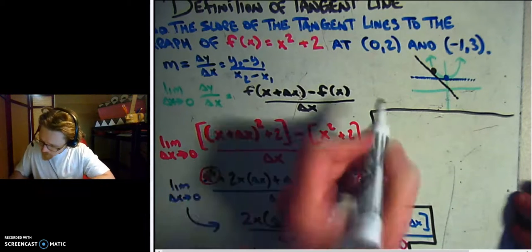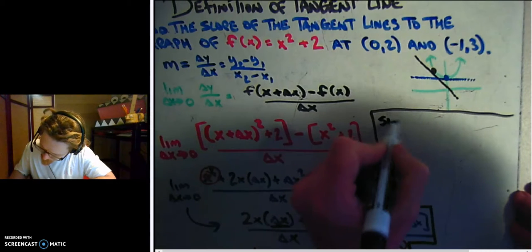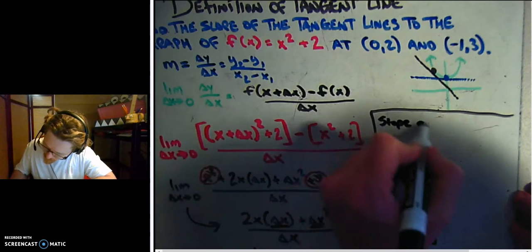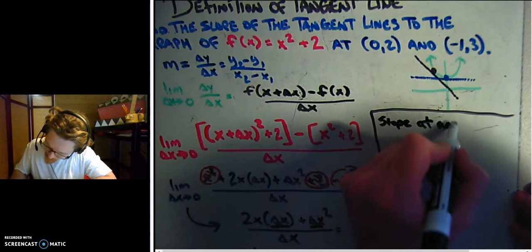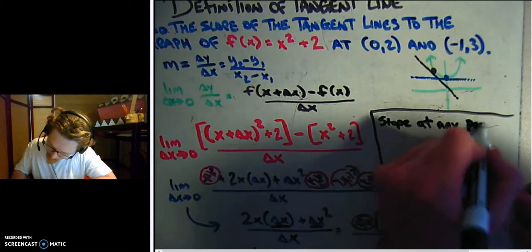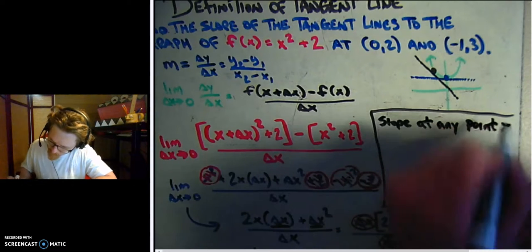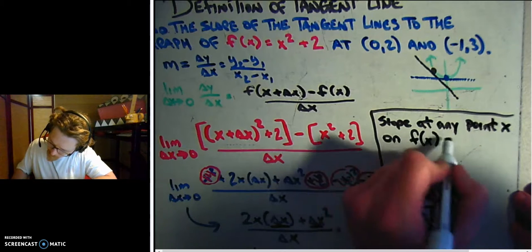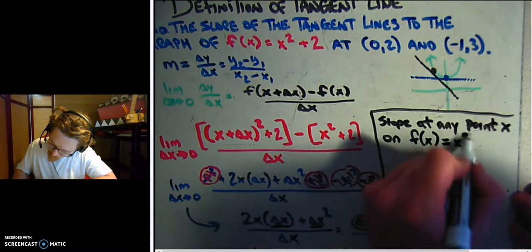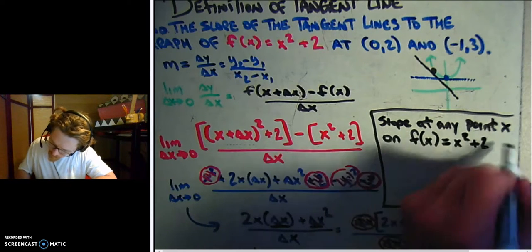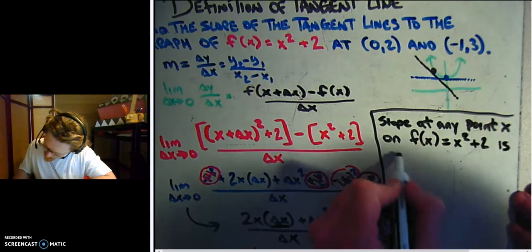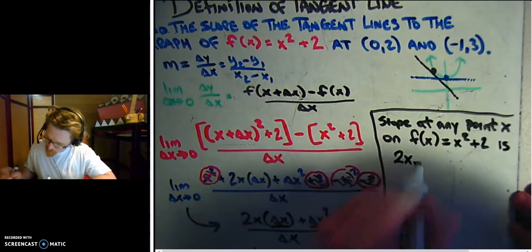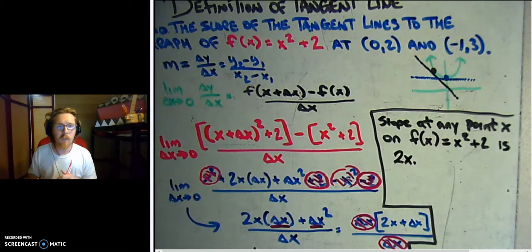This means that the slope at any point, and I'll say any point x on the function x squared plus 2, is 2x. That's really what this answer means.